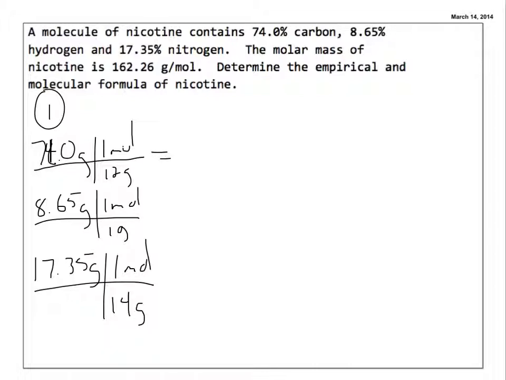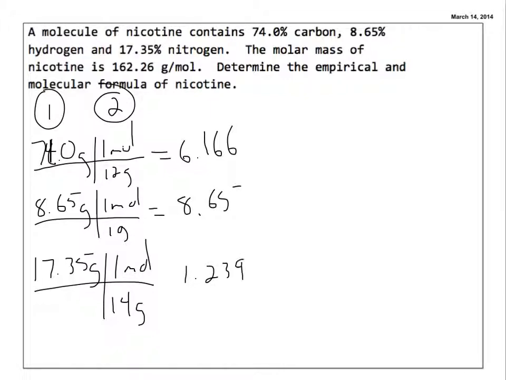So we do those out. Step 2, that's step 2. And we get 6.166, and then we get 8.65, and we get 1.239.